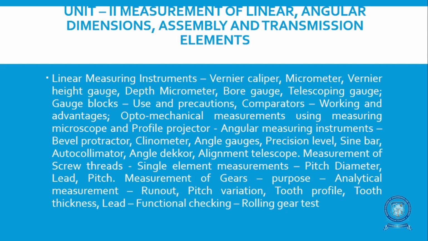In the fourth phase we are going to study gears, measurement of gears and run out, pitch variation, tooth profile and tooth thickness of the gear. And also we are going to study how we check the gear with the help of a measuring instrument or measuring machine.